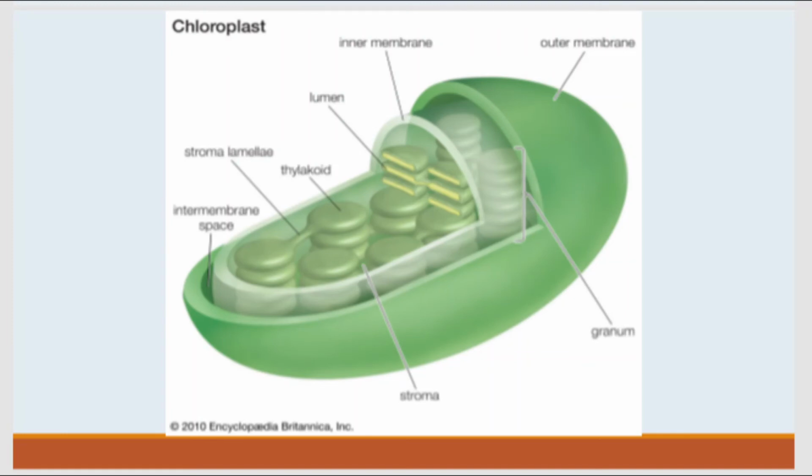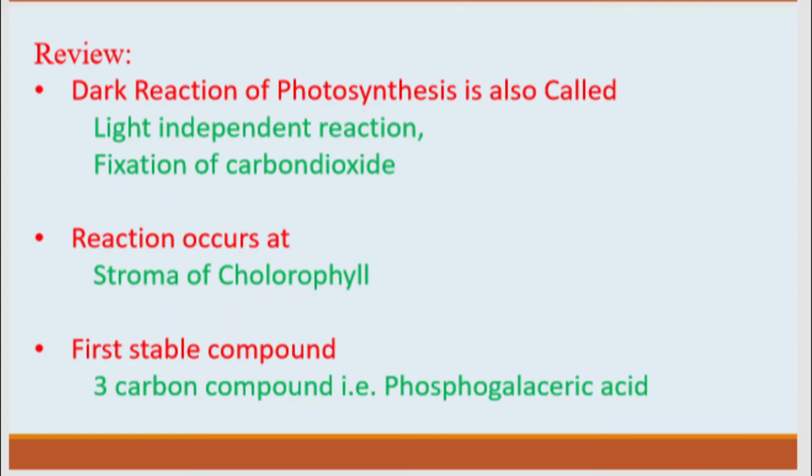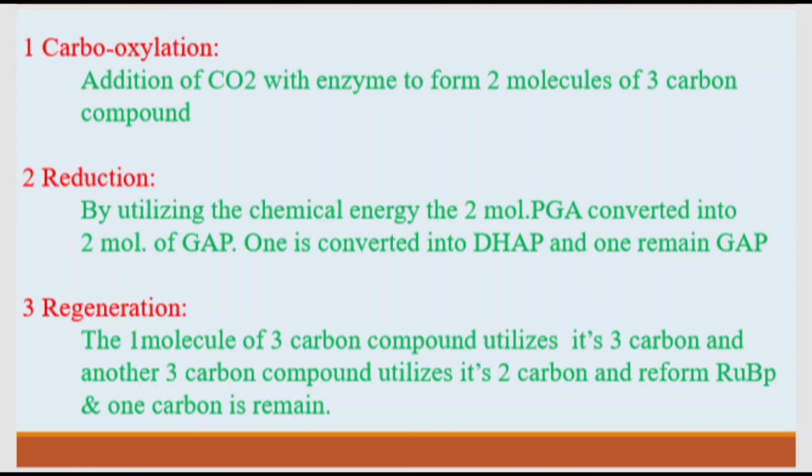Ultimately they have to prepare their own food because they need energy. The site of the reaction is the stroma, and the first stable compound is PGA. The starting product is ribulose 1,5 biphosphate, a 5 carbon compound, and the enzyme is ribulose 1,5 biphosphate carboxylase, which fixes carbon dioxide. The 3 steps are carboxylation, reduction, and regeneration.